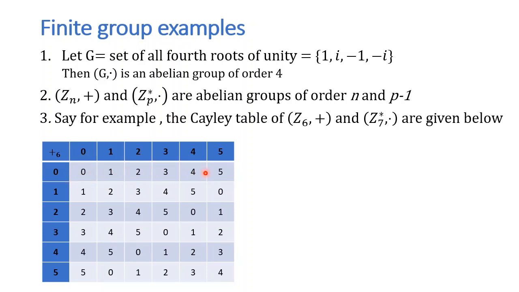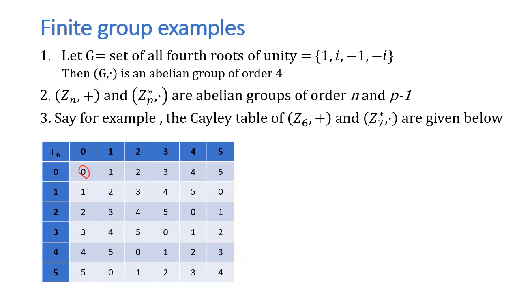For each of these elements you can find the inverse by marking the identity element in this table. So here you have 0. So the inverse of 0 is 0 under addition modulo 6.